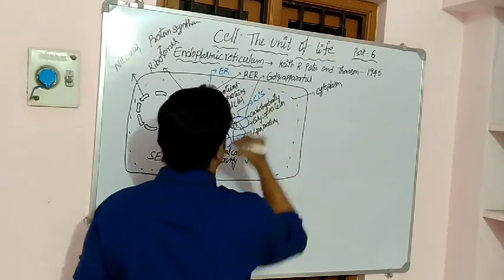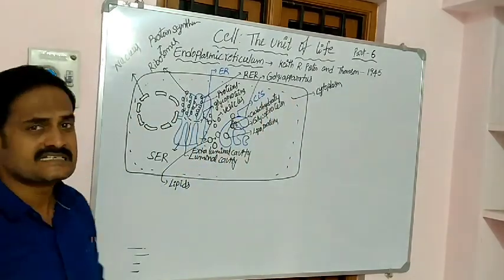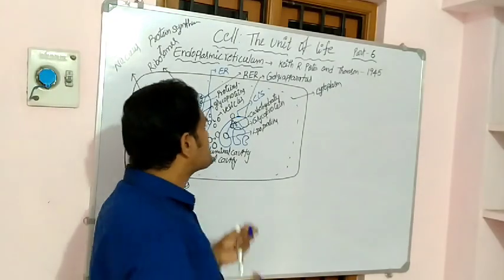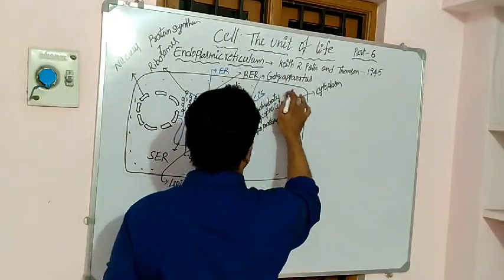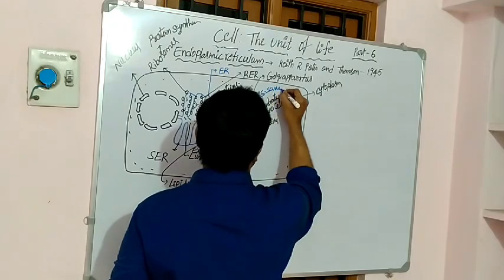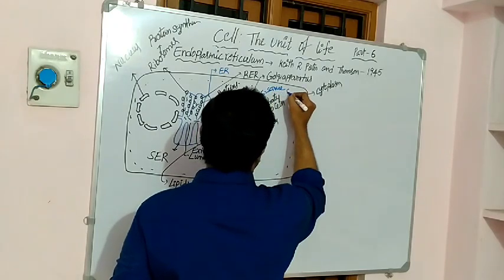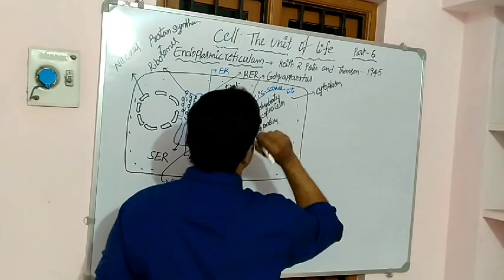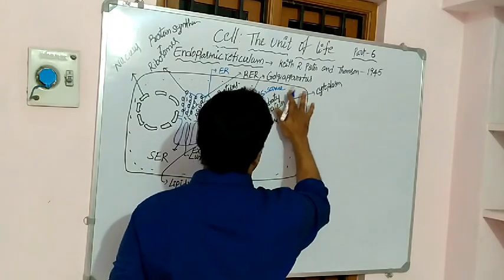Remember, this portion of the Golgi complex is called cis. Cis means same side, same phase.